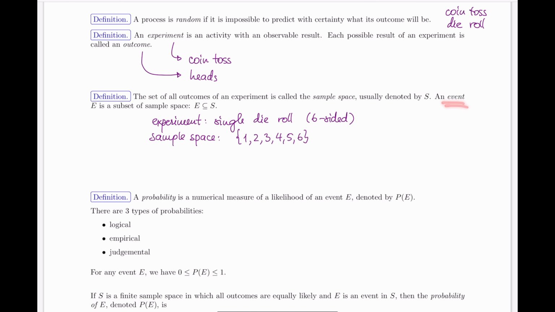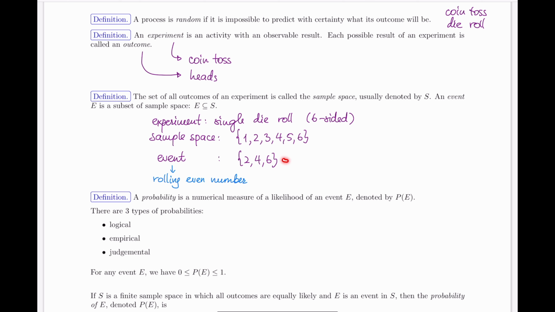An event is going to be a subset of it. So if I take any kind of subset of it, for example, {1, 2, 3}, that's going to be an event. Now, a lot of times we actually describe an event by other means. So for example, an event can be rolling an even number. In that case, we can list all the possible outcomes. And here it will be 2, 4, and 6.